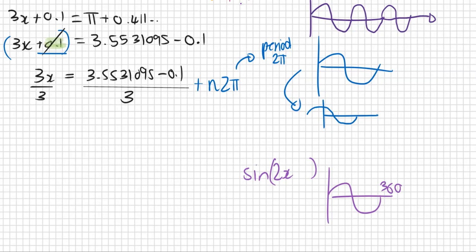So it's counterintuitive: if it's a 2, it's been divided by 2, and if it's a half, it's been multiplied by 2. In this case, it's 360 divided by 2. So if sine x has period 360, then our new period will be 360 divided by 2, which is 180. So for sine 2x, the period is 180.